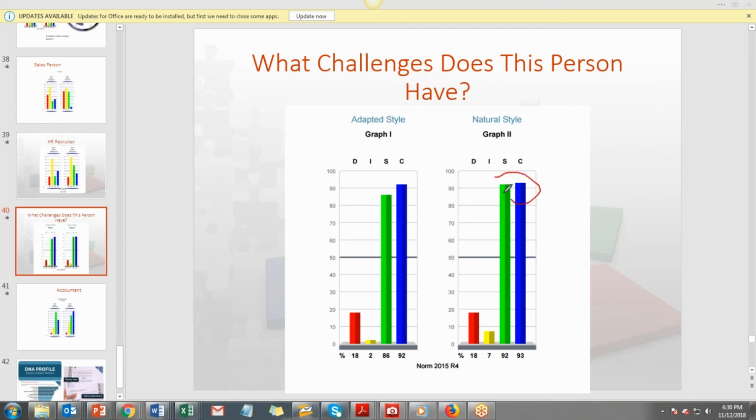And she has super high SC tendencies, so that means she's going to be slow, methodical, and very precise in her expectations. And then super low I skill, not trusting people, not enthusiastic. So definitely she's going to have problems building relationships.